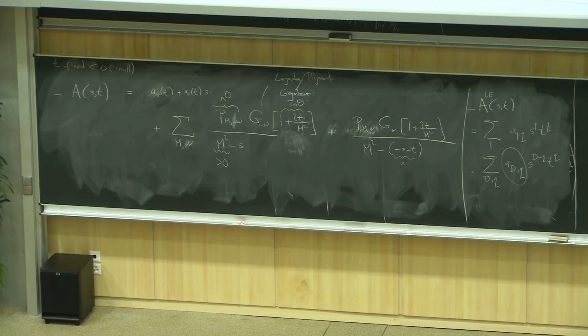That's what we're going to be studying for the rest of these lectures: what can we say about this infinite set of coefficients a_{D,q}. So let me just list them here.